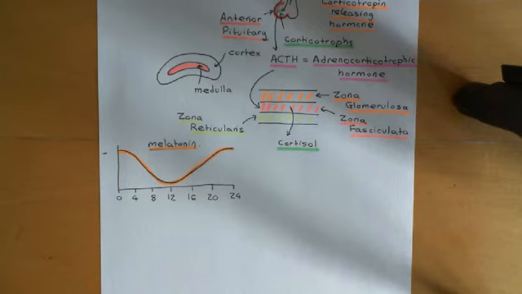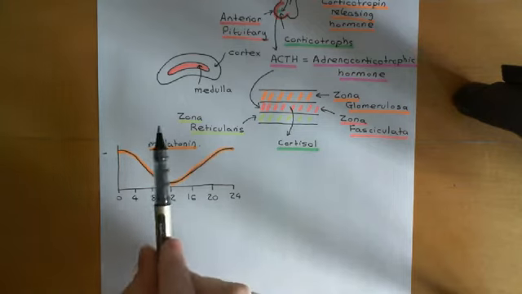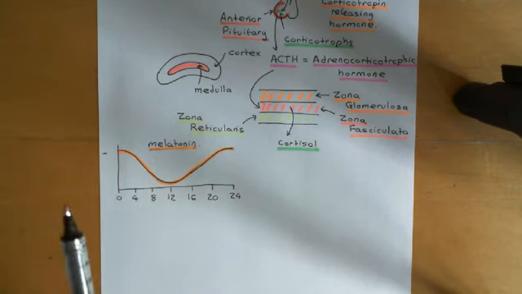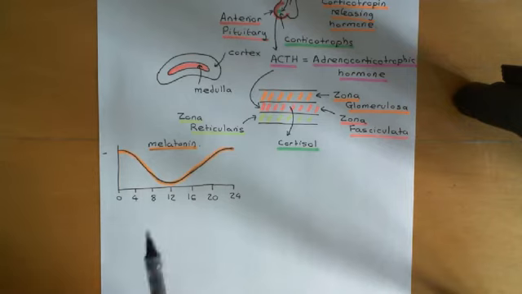So when the suprachiasmatic nuclei neurons are firing at a high level during the day, they actually end up inhibiting the pineal gland cells, basically, through this indirect inhibitory neural connection. And that's why the release of melatonin by the pineal gland cells is lowest during the day.